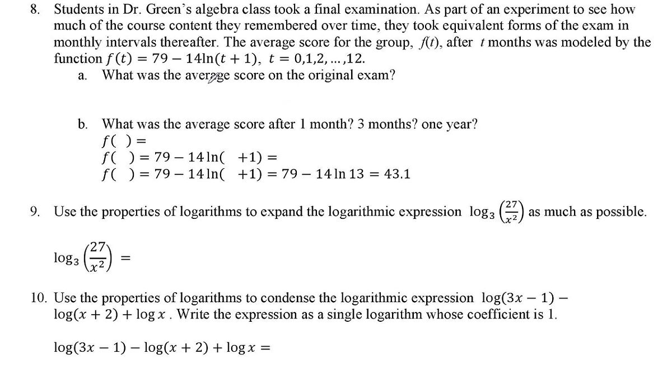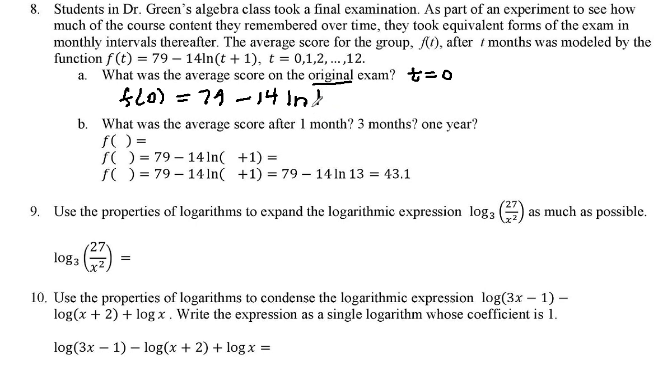So the original exam was taken at time 0. Okay, so original here, that means t equals 0. So we're going to plug that in. That's f of 0, and that's going to be 79 minus 14 times the natural log of 0 plus 1, so just natural log of 1.